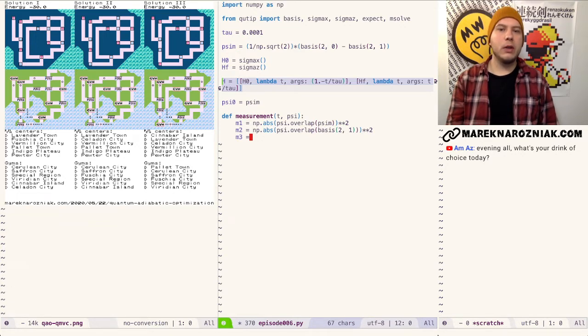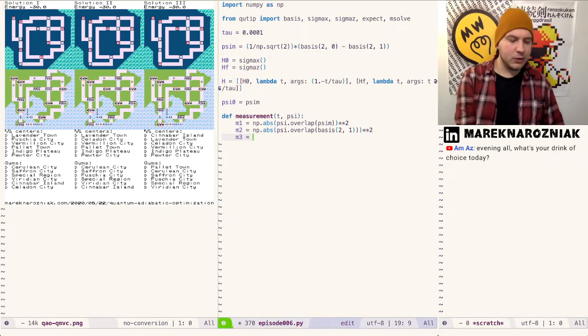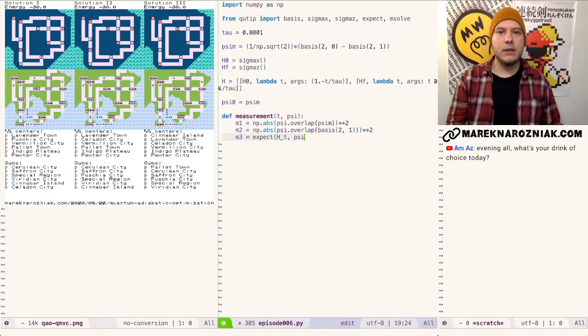So in order to perform a measurement at a specific time step, one would need an evaluation of this Hamiltonian at a particular time step. So assuming we would have ht, we can take the expectation value of it, given the quantum state psi at time t. So the only thing missing here is actually how to get this ht.